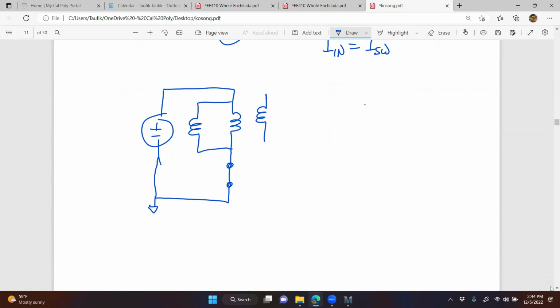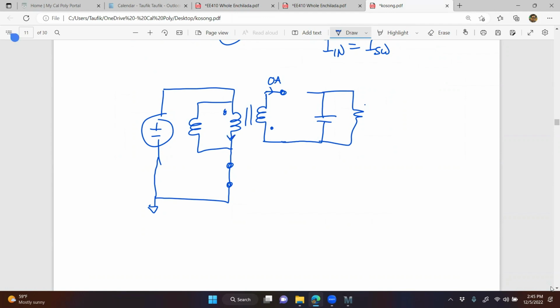And then what happens with the diode on the secondary side? The diode is open. So if the diode is open, is there any current on the secondary winding? No, 0 amps, reflected to the primary winding right here.